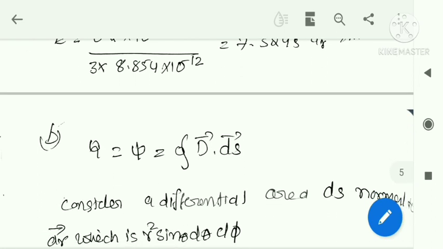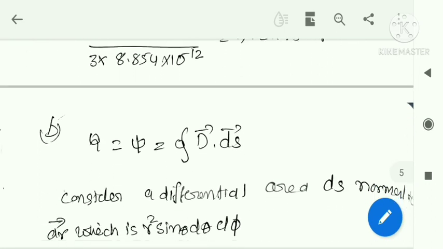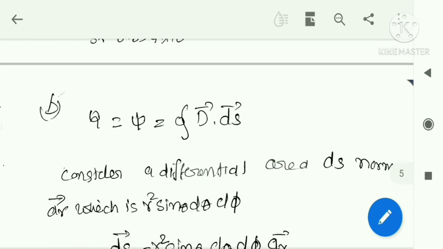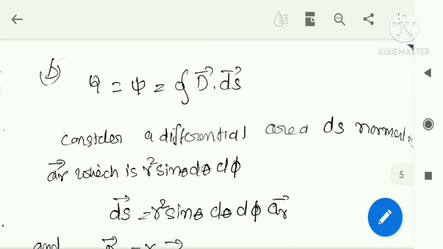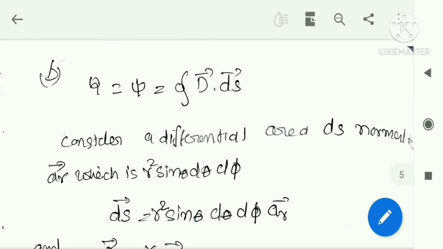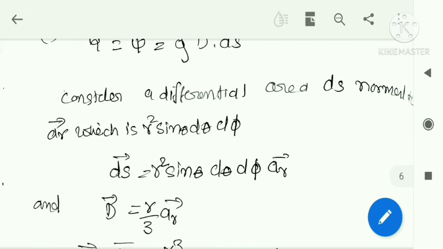Now the second sub question. Q, the total flux enclosed, is equal to the integration of D dot dS. D is flux density, dS is the differential surface area. If we assume a sphere around the charge Q, the differential surface of a sphere is given by r squared sin theta d theta d phi into a_r.